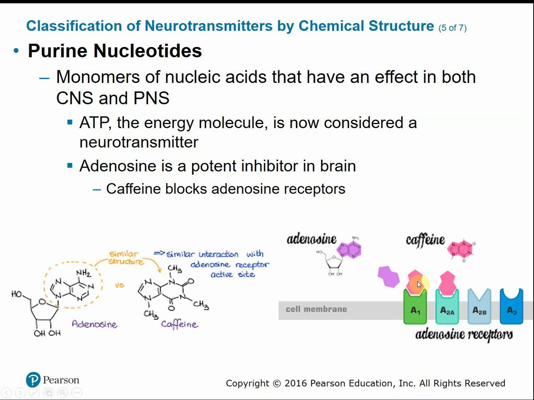But caffeine temporarily blocks those receptors. So we may still be building up lots of adenosine, lots of this sleepy chemical, but it's not able to be detected by our cells. We don't feel that sleepiness until the caffeine wears off, and then it opens up these binding sites, and now all of the adenosine is going to rush in and fill all of the sites, and that's when you get kind of that crash after a caffeine high.